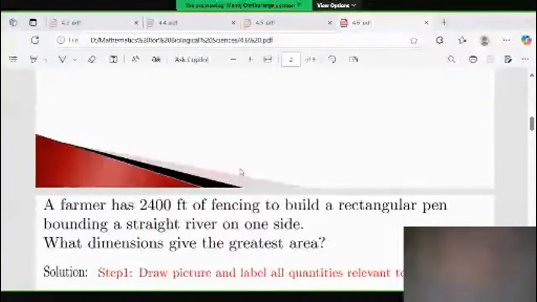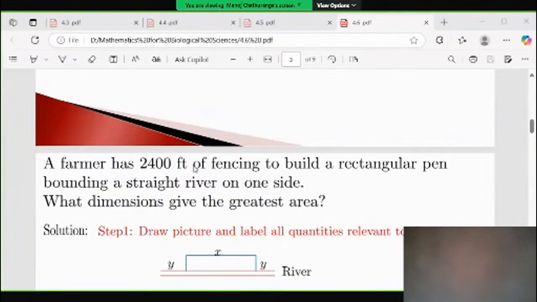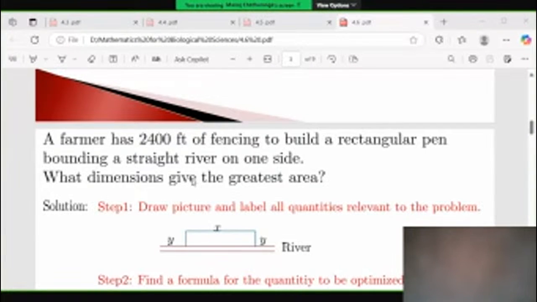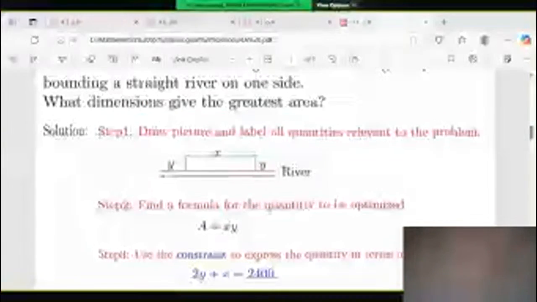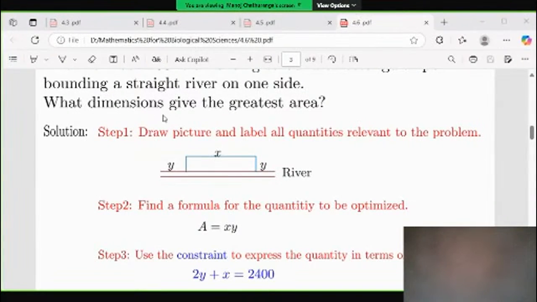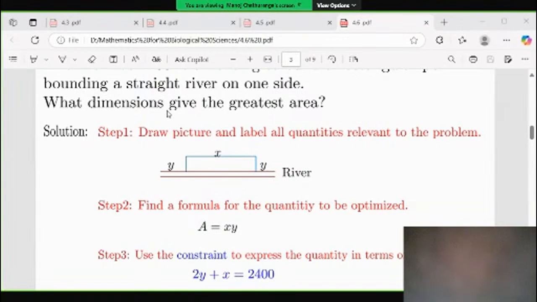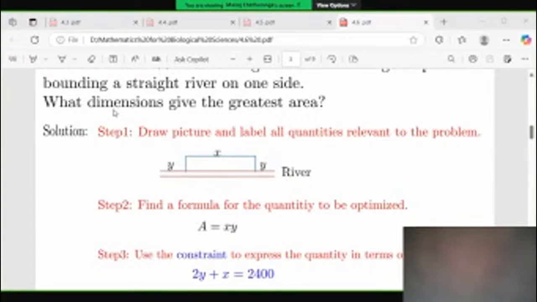Most of the optimization problems are word problems. If you are given something like this, you need to identify the function that you need to maximize. Here, they ask what dimensions give the greatest area. That means you need area as a function of its dimensions.